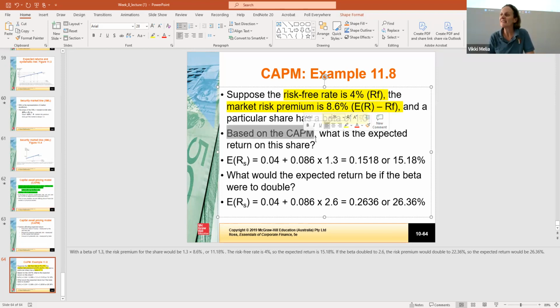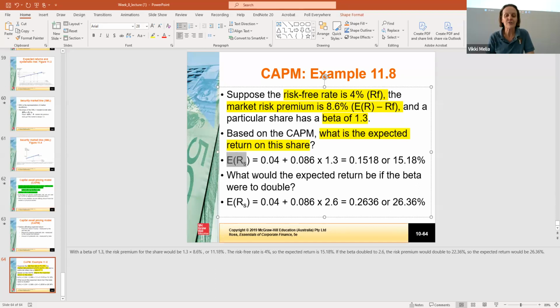Using the capital asset pricing model, what is the expected return from this share? We need to calculate the expected return using the capital asset pricing model.